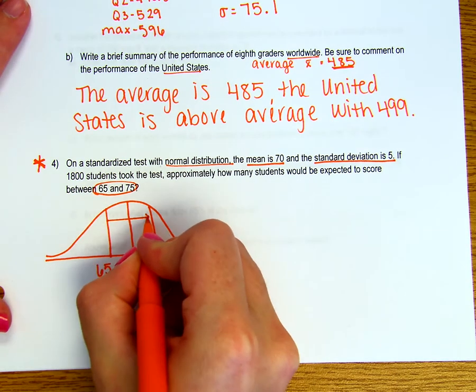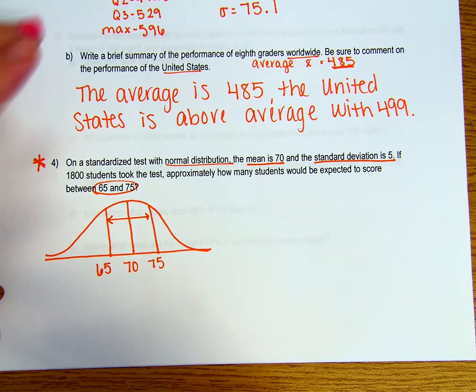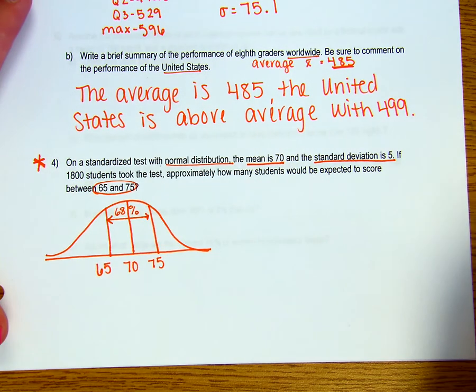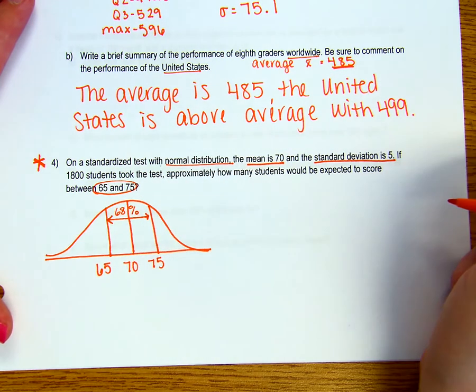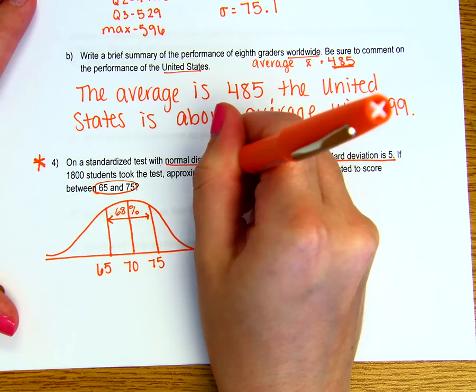So we know from our normal distribution curve what percent is between the first two lines, one standard deviation to the left and one standard deviation to the right, 68%. The question's not asking for what percent, it's asking for how many students.